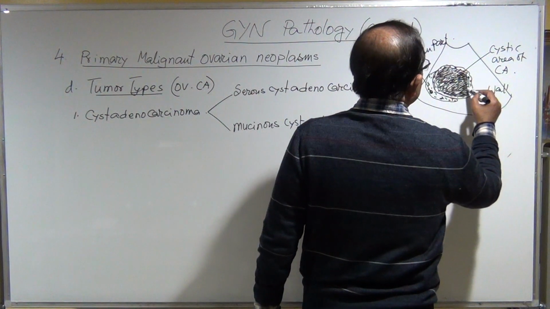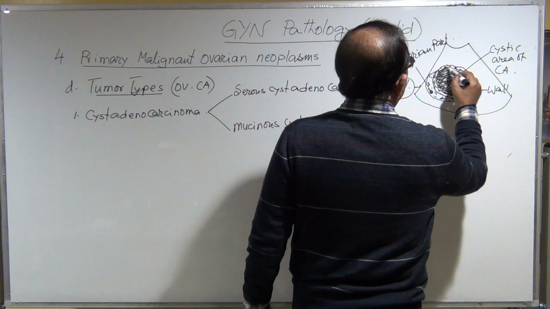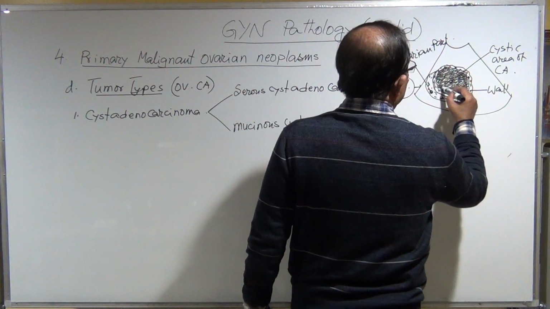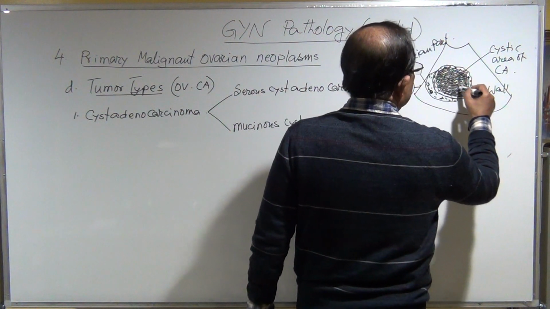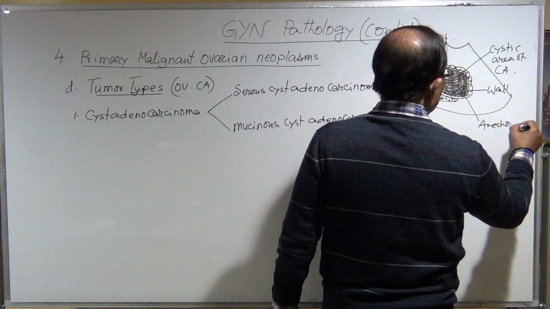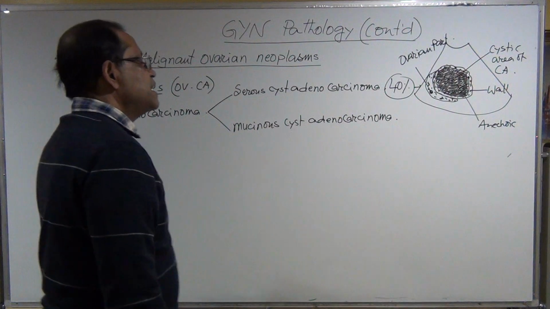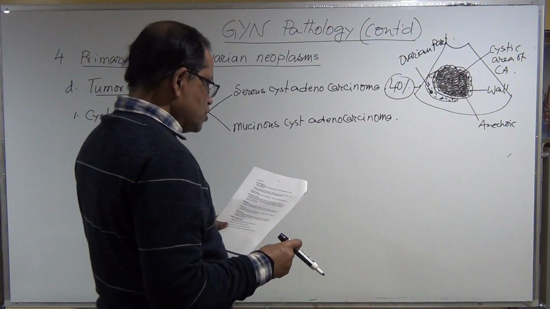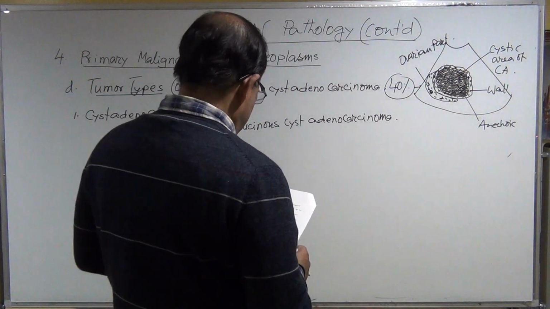Unilocular means one cavity. Okay, I'm trying to make it darker. Okay, so this is anechoic or sonolucent. Okay, so you're going to see it, and it could be bigger, and it is unilateral most of the time, but it could be bilateral, 10% like that.